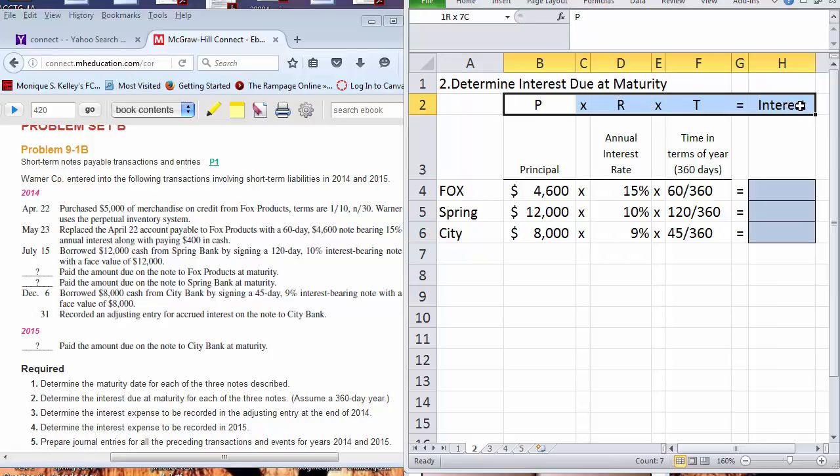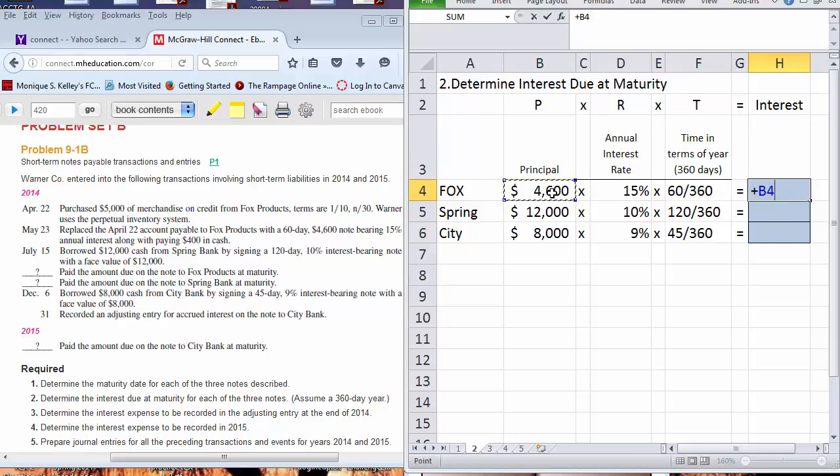I use the standard formula P times R times T equals interest. So we multiply the principal by the annual interest rate times the days in the term: 4,600 times 15% times 60 divided by 360, and we get 115 for the interest.